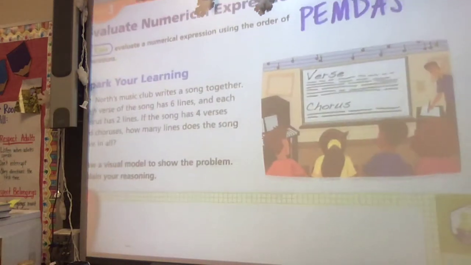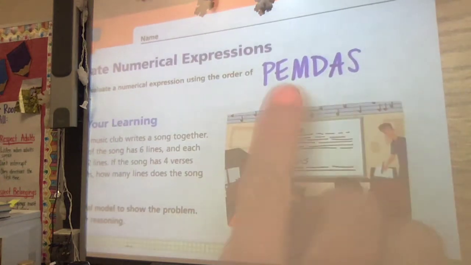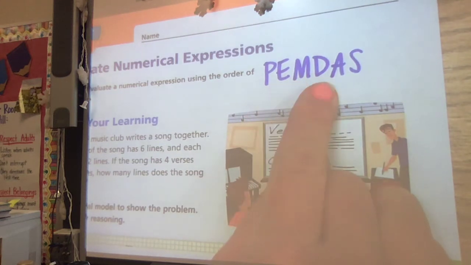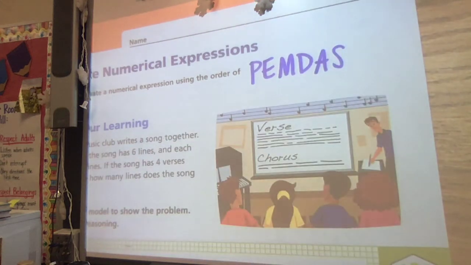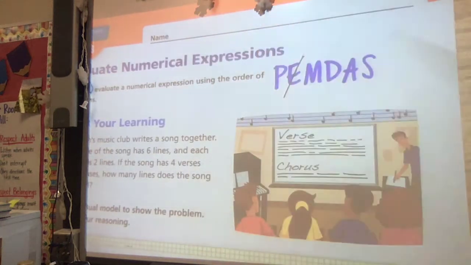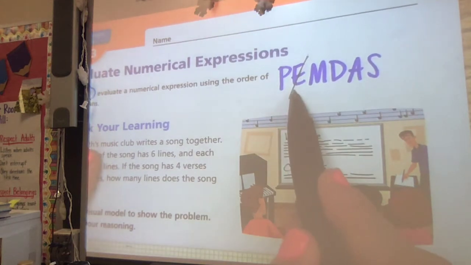Okay, so maybe I should use a different marker. I remember it as, please excuse my dear Aunt Sally. You could think of anything else you want to do. Now, I mark out the E because that's something we don't have to worry about right now.